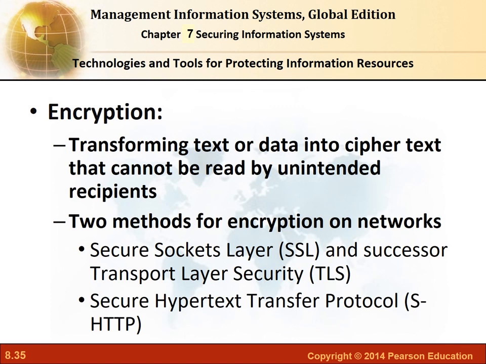Encryption works by using a mathematical formula called a cipher and a key to convert readable data, which is plain text, into a form that others cannot understand, a ciphertext. Two methods for encryption on networks. Number one, secure sockets layer and its successor, transport layer security. Number two, secure hypertext transfer protocol, also known as SHTTP.